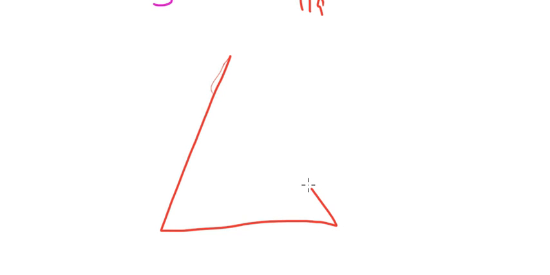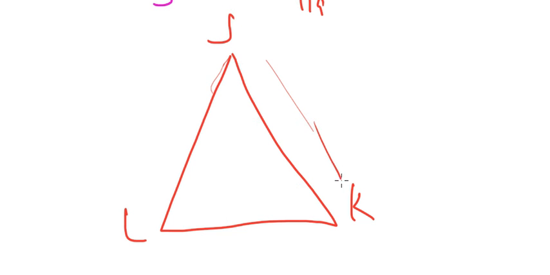All right, now, example 3 says we have this situation. J, K, and L. What it says here, JK is the same as KL, which is equal to LJ.